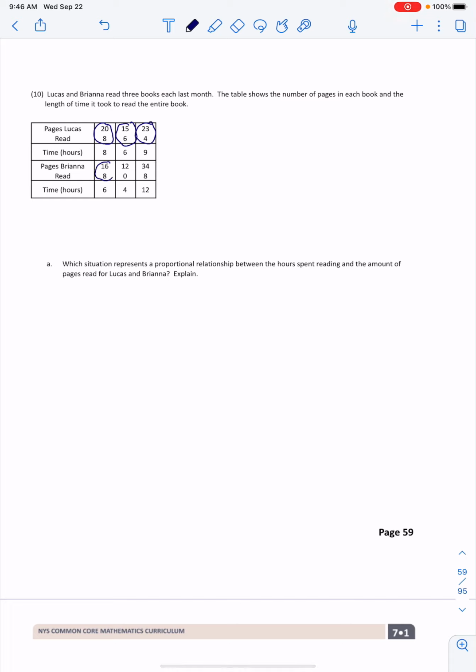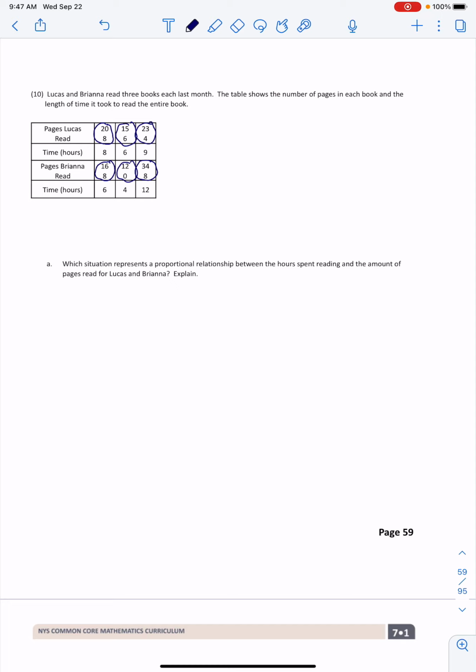This is 168, 120, and 348. So it says Lucas and Brianna read 3 books each last month. The table shows the number of pages in each book and the length of time it took to read the entire book. Which situation represents a proportional relationship between the hours spent reading and the amount of pages read for Lucas and Brianna?